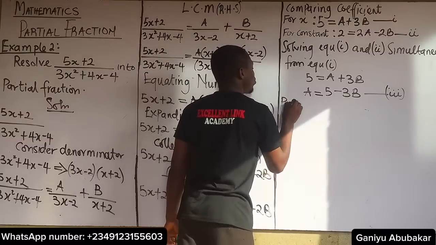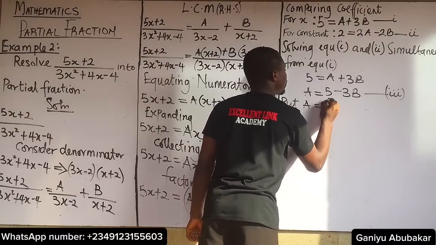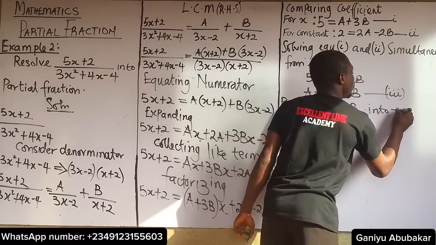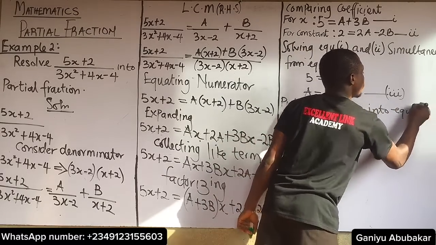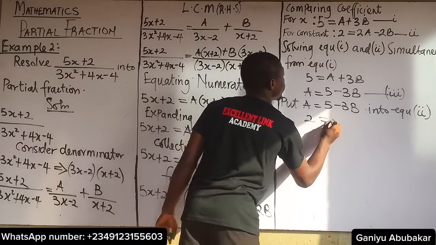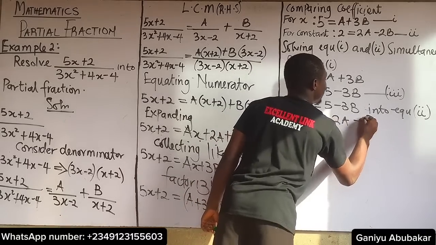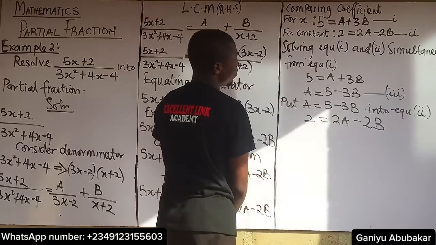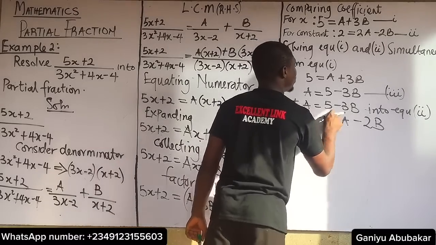So I'll put a equal to 5 minus 3b into equation 2. What's my equation 2? I have 2 is equal to 2a minus 2b. So whenever I see a, I'll put this value there.